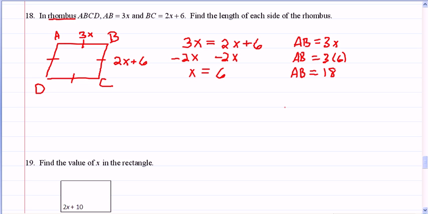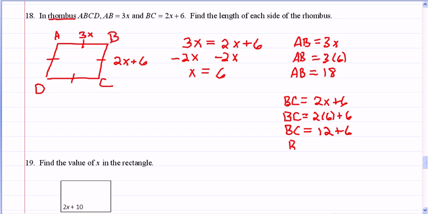And if I wanted to check this, I would take the length of BC, 2x plus 6, and substitute 6 in for x, and I get BC is equal to 18. And again, since we have a rhombus, we know that all 4 sides are equal, so each side is equal to 18.